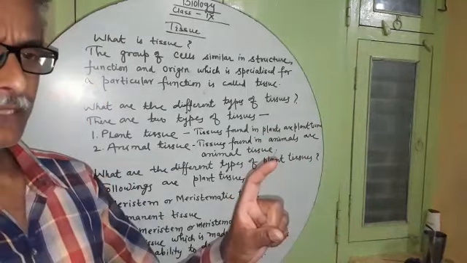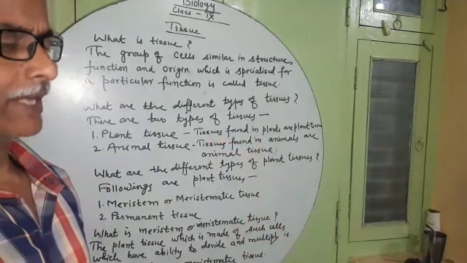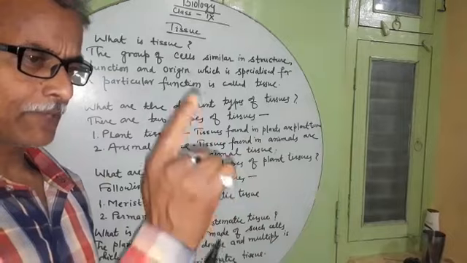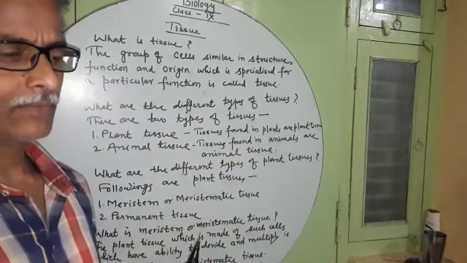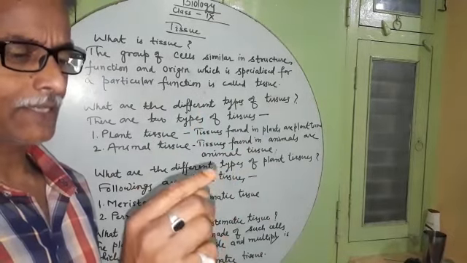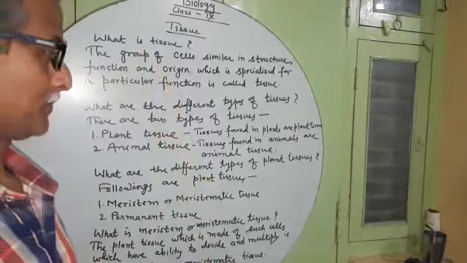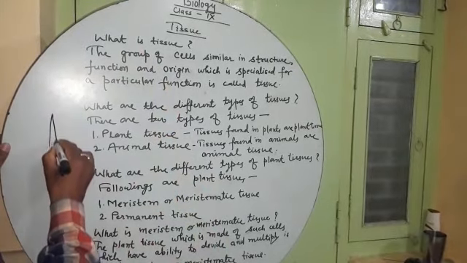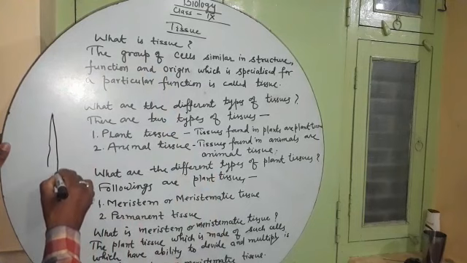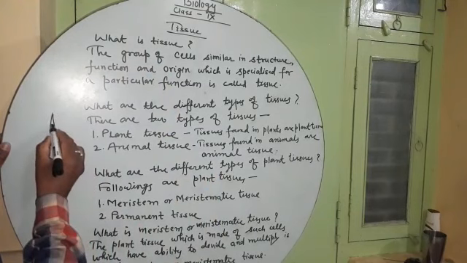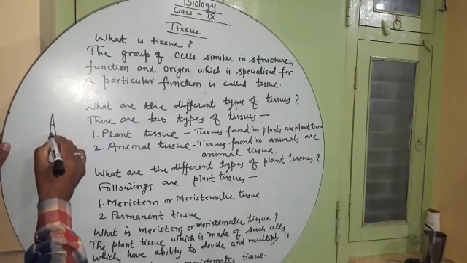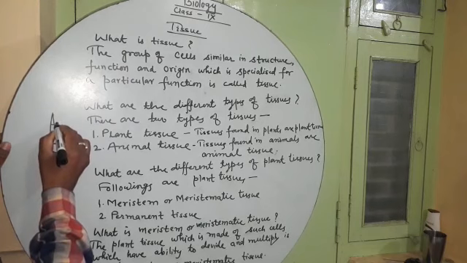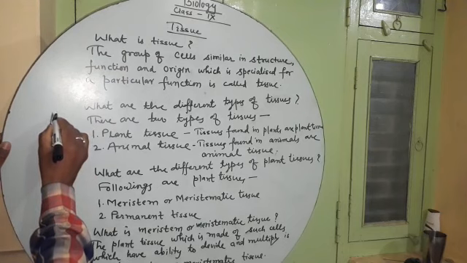Look at the plant carefully and you find that the apex of the stem is the part where growth takes place. For example, suppose this is the stem, this is the apical part, and here growth takes place.